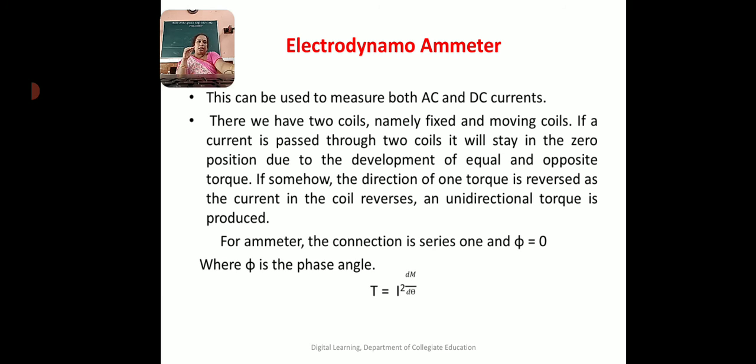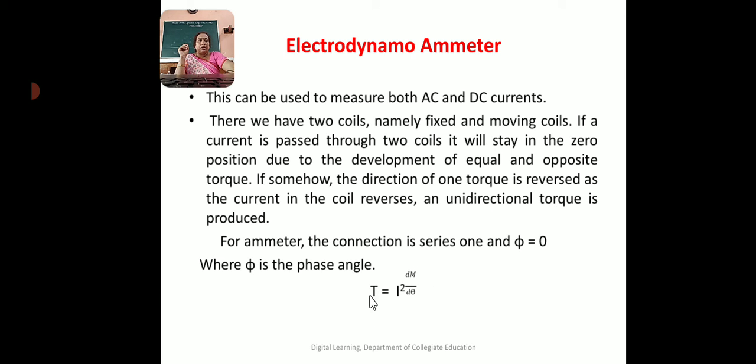For an ammeter, the connection is in series. Then the phase angle phi is considered. The torque equation is given by T is equal to I square dM by d theta.